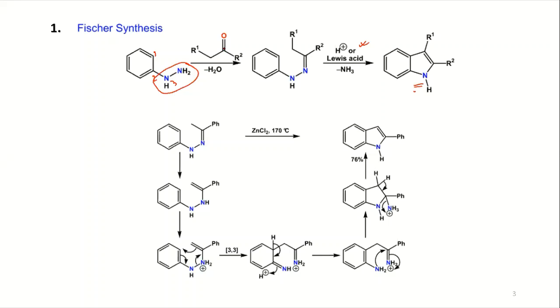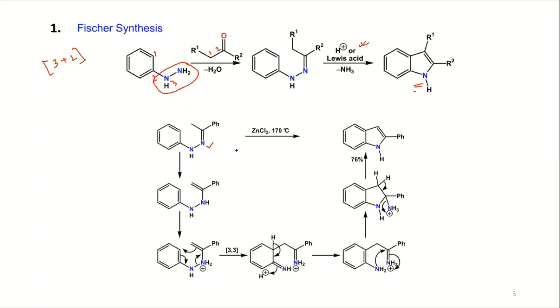For the 2, you need a 2 carbon system where you have alpha hydrogen. We can write this as a 3 plus 2 approach. Now you have a ketonic substrate, so NH2 can quickly make the imine.